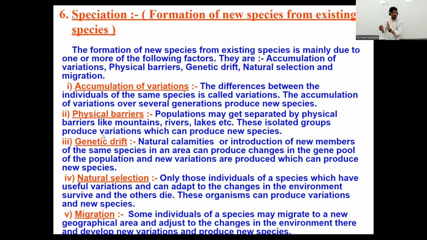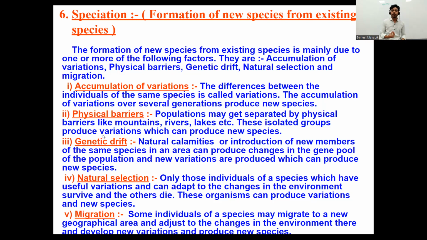And suppose male and female polar bears are transferred to these Gulf countries. Now what is going to happen? Either they can die if they are not able to survive properly, or if they survive, what is going to happen? The baby will have brown coloration, not white, right? Maybe chances are there. Okay, that's called speciation.